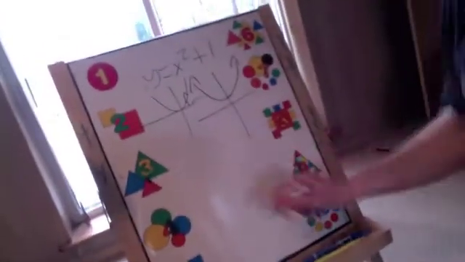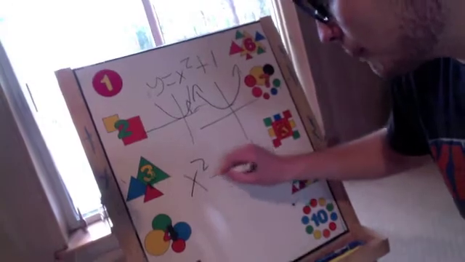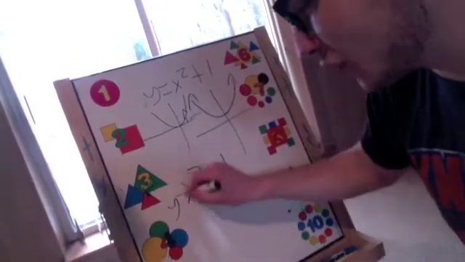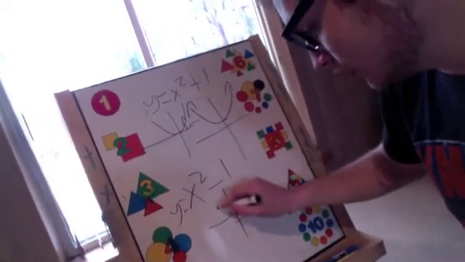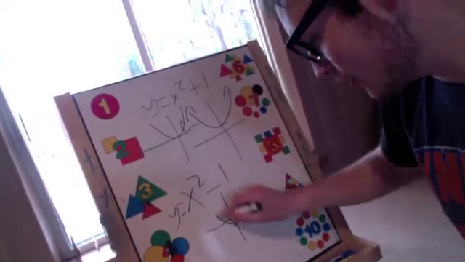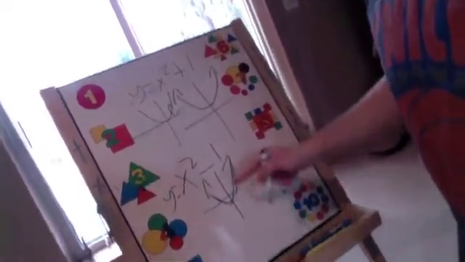Similarly, if it's y equals x squared minus 1, then the graph would shift down 1, and now the center will be at 0, negative 1. See how that works?